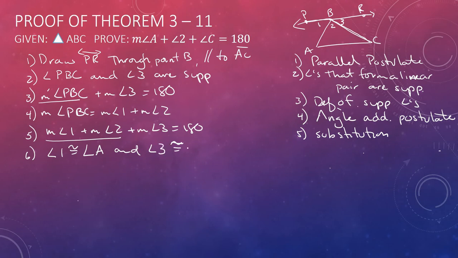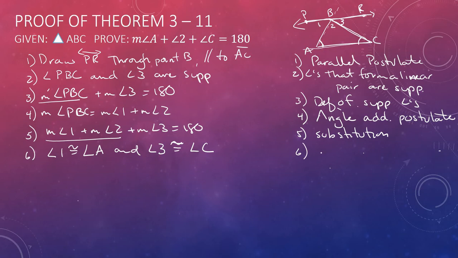So take a look at these. Remember, the top line and this line are parallel. If I look at the left-hand side as a transversal, angle 1 and angle A, which is the angle inside the triangle, are alternate interior angles, as are 3 and C.